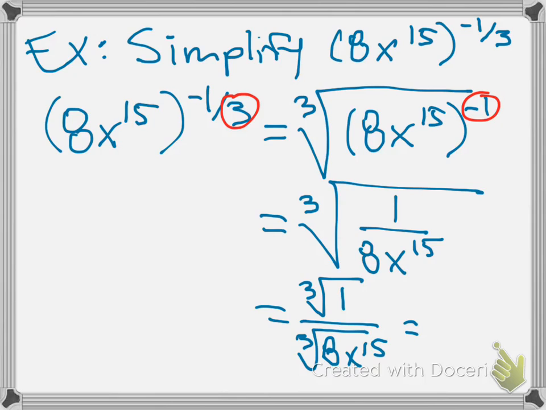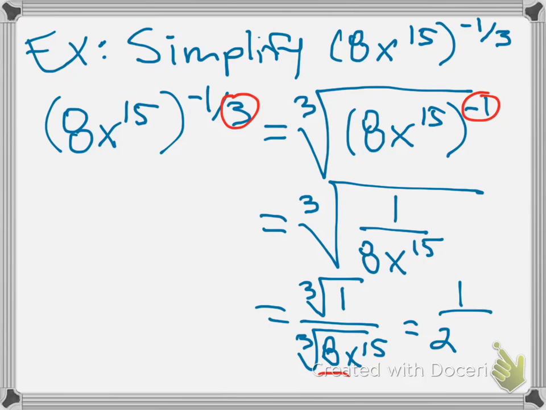Well, first of all, let's look at the cube root of 1, which is, of course, just 1. So that makes our numerator a little bit nicer to look at. Now let's look at the cube root of 8x to the 15th. I'm going to deal with the 8 first. So let's think, is 8 a perfect cube? And oh, luckily it is. And we should know at this point the cube root of 8 is 2.